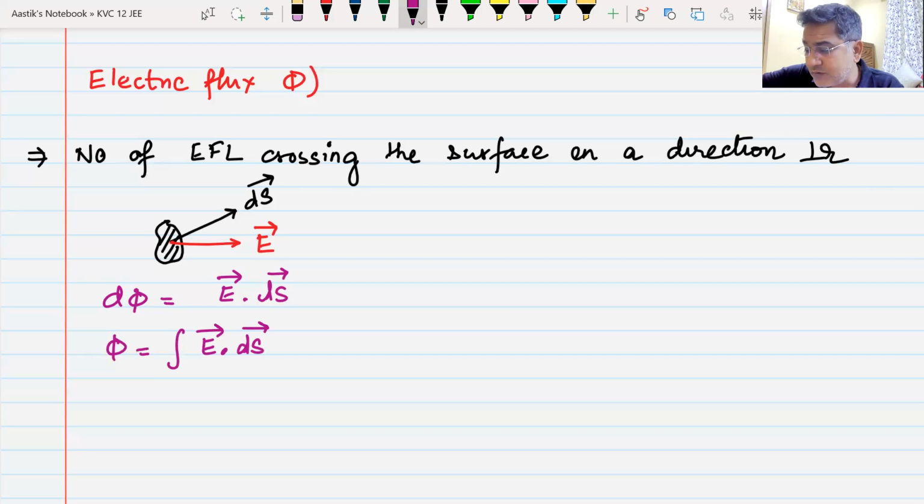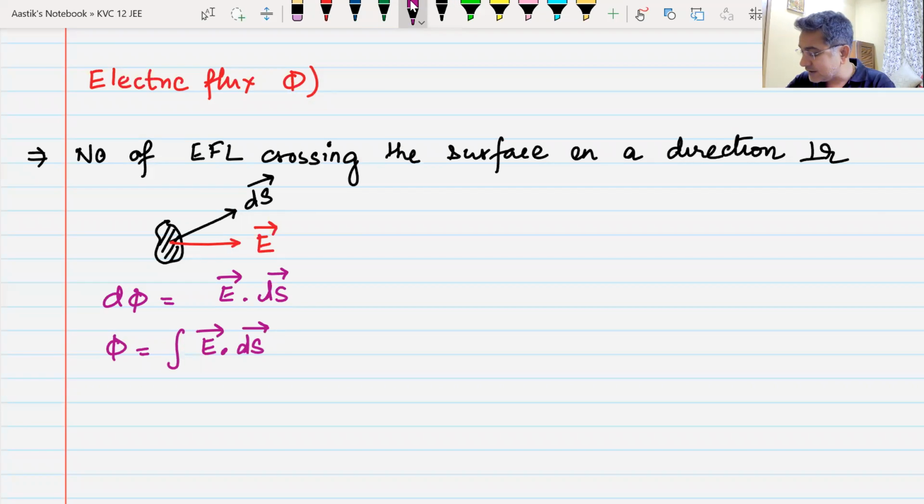And that is how we write it. The total number of electric field lines passing through a surface. We will have electric flux, we will have magnetic flux, we can also have gravitational flux, though gravitational flux may not be a part of your course. E dot dS. This is how you find out the electric flux through any surface.